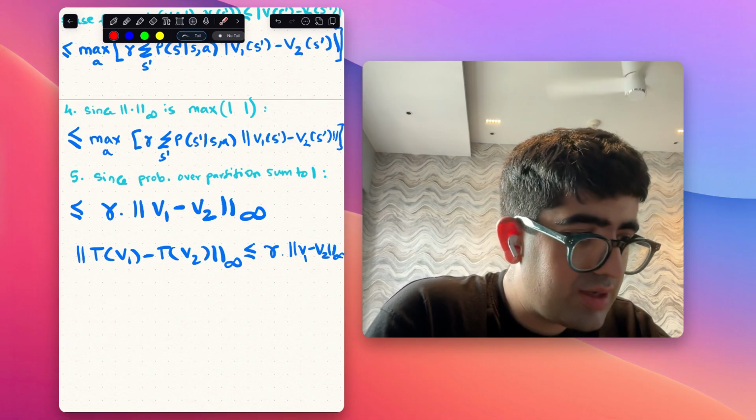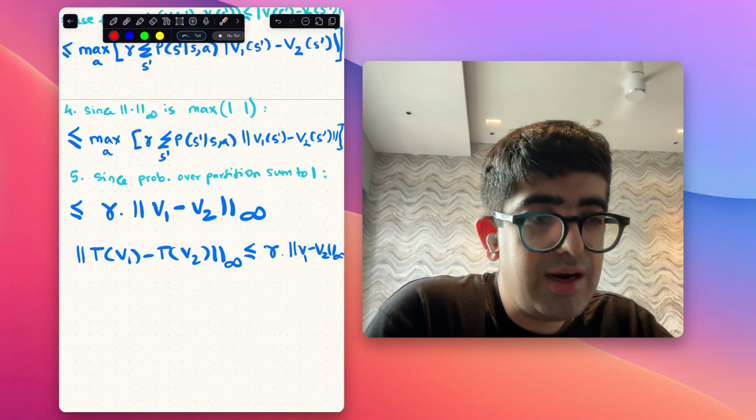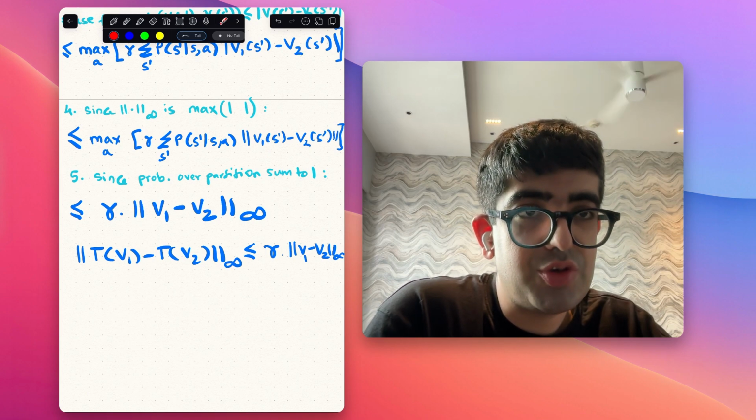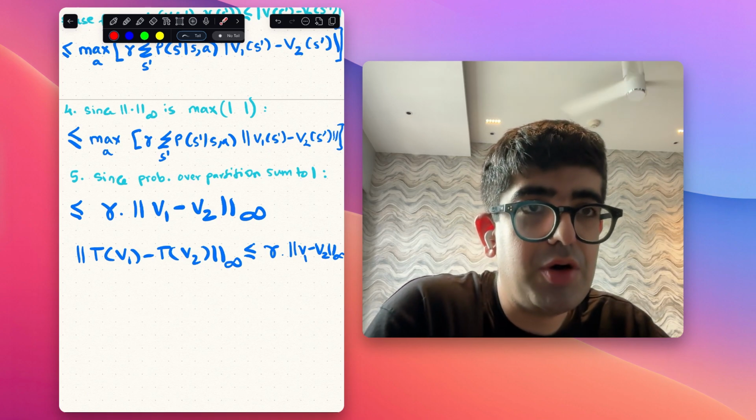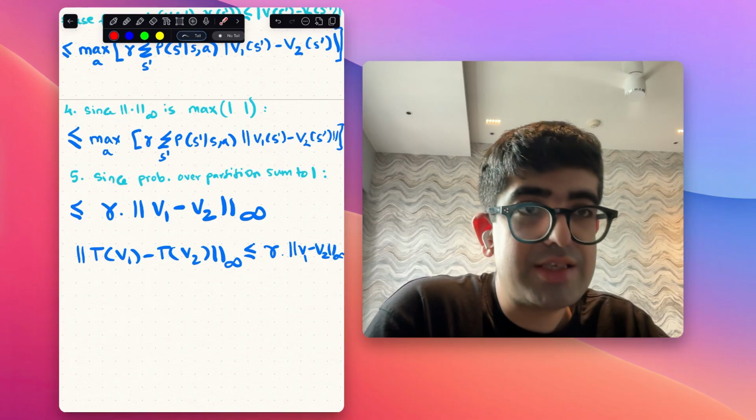So this tells us that gamma also controls how quickly the Bellman operator contracts the value function.